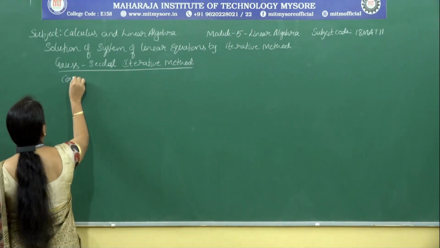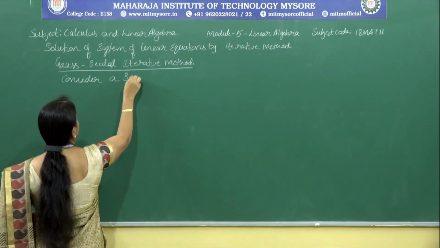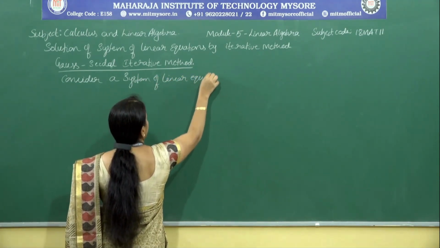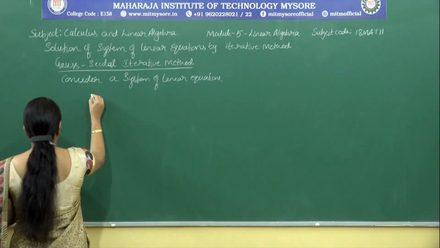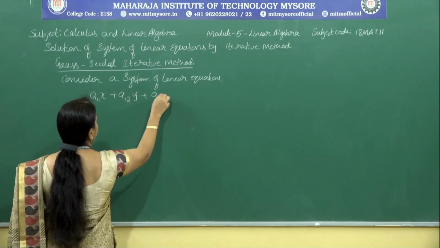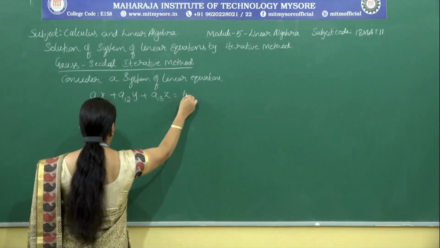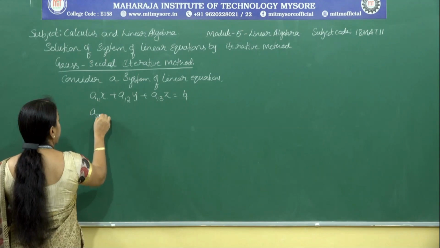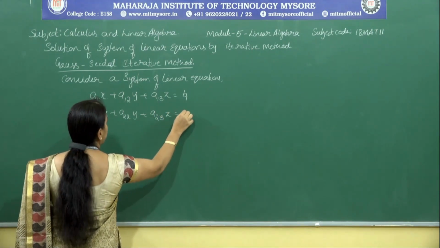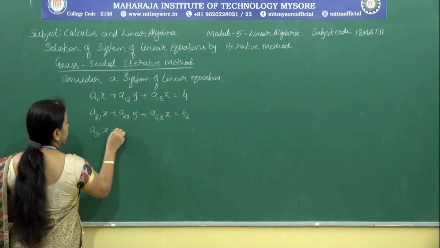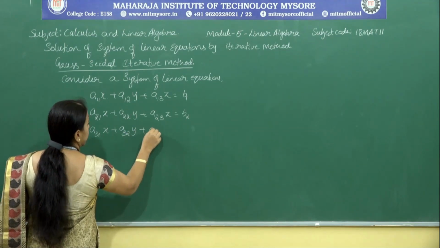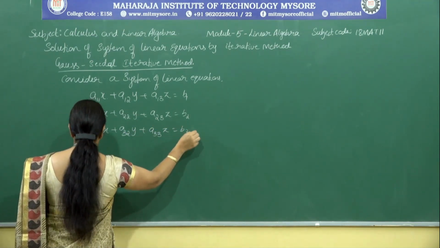Consider a system of linear equations like a11 x plus a12 y plus a13 z equal to b1, a21 x plus a22 y plus a23 z equal to b2, and a31 x plus a32 y plus a33 z equal to b3.